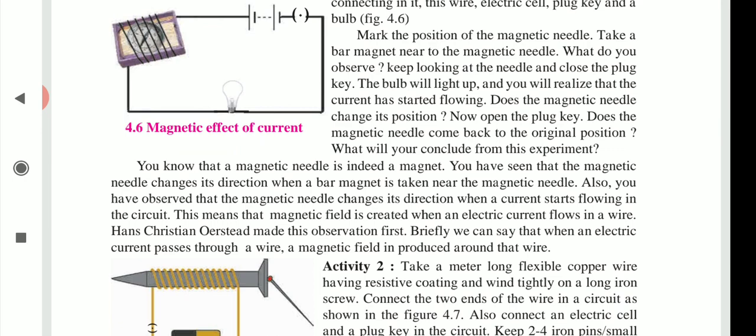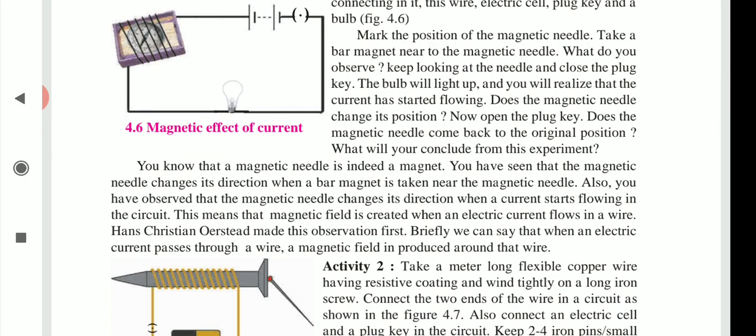When we close the plug key, at that time what happened? Electric current flows through that circuit, and due to that electric current flowing, that magnetic field is created. See, Hans Christian Ørsted made this observation first.